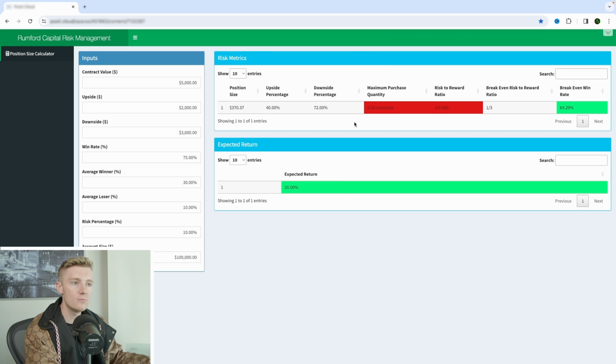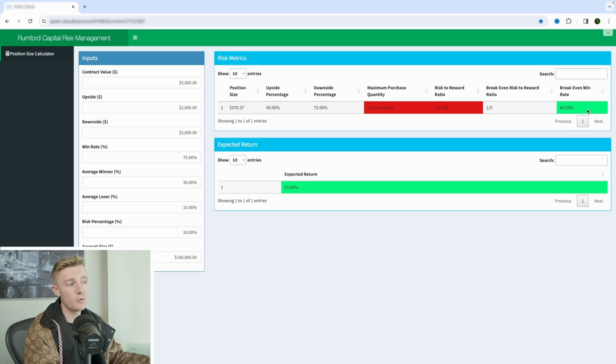This is a trade that essentially the algorithm will not let us put on due to the risk. Our downside is 72%, our upside is 40%. Our risk to reward ratio is 1 to 0.556. So we can't take this trade. At minimum, yes, we would need a 64.29% win rate, but again, we need to see all of these in the green.